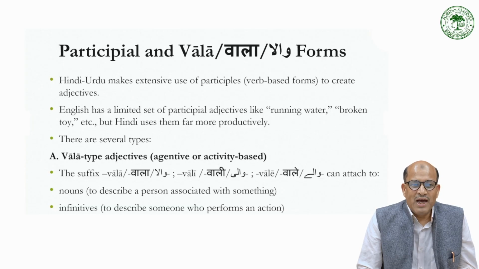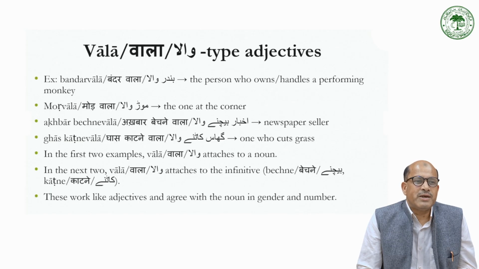The suffix wala, wali or wale can attach to nouns to describe a person associated with something, or with an infinitive to describe someone who performs an action, like बेचने वाला, देखने वाला, खाने वाला. With a noun it can be अखबार वाला, फल वाला, सब्जी वाला, or any वाला to describe a person associated with something.